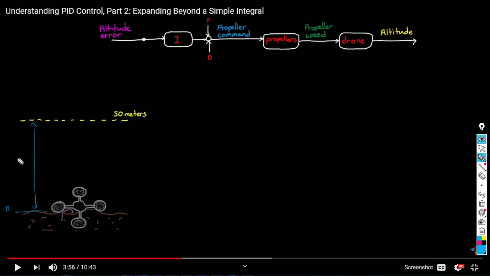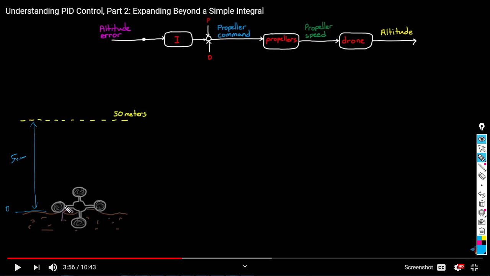How much is the error? 50 meters. So now the error is 50 meters at the beginning, because the actual altitude that you are measuring from the sensor on your drone is 0.